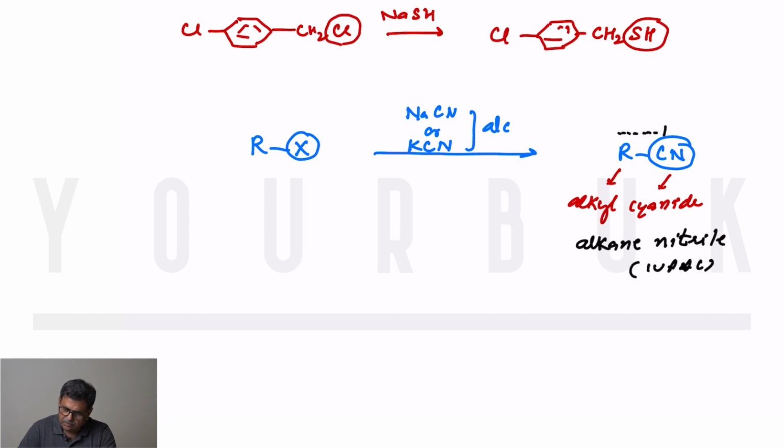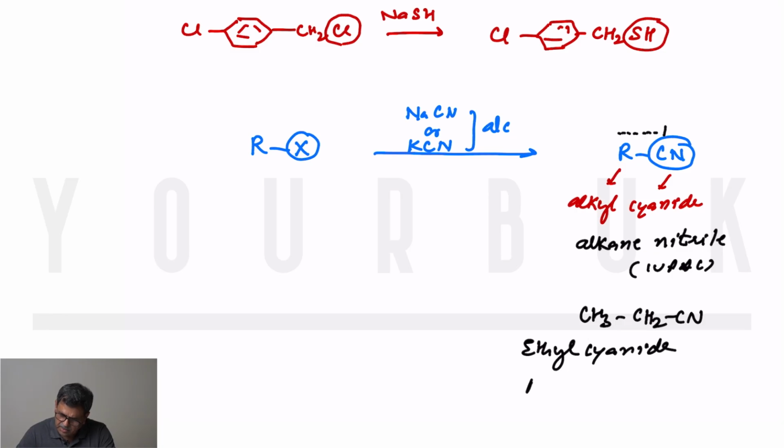For example, if you are given this, now this has a common name, ethyl cyanide, but its IUPAC name is propane nitrile. So in the IUPAC system, the cyanide carbon has to be included.